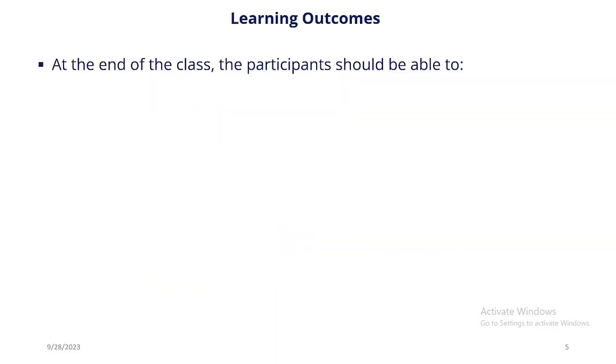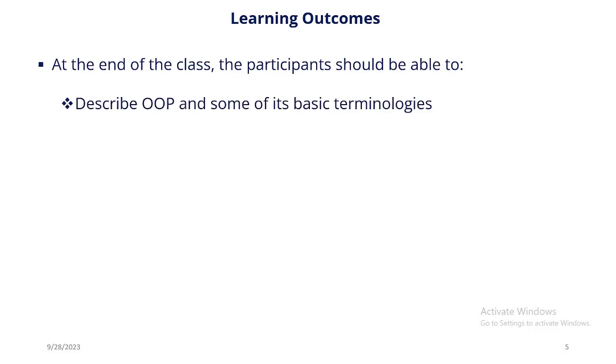Learning outcomes. At the end of the class, participants should be able to describe object-oriented programming and some basic terminologies which apply to OOP generally, whether you are learning OOP in Java, C++ or any other language. The terminologies will remain the same.